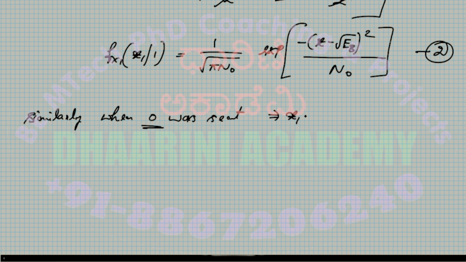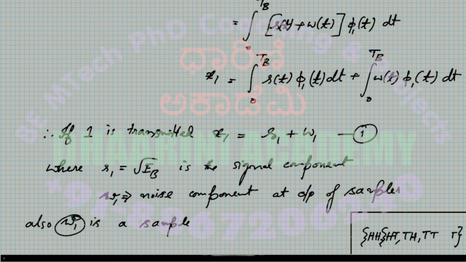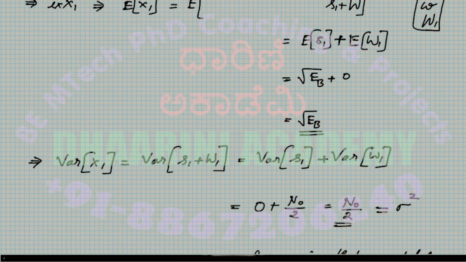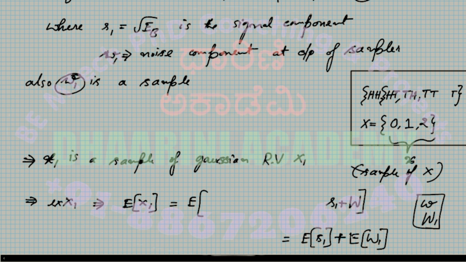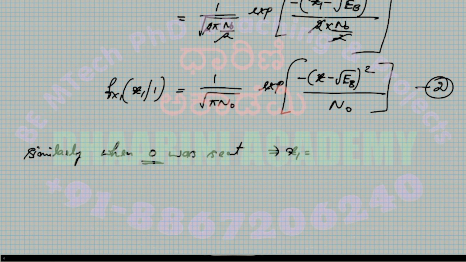Let's go back and check equation number 1. We can see that equation number 1 becomes x1 equal to s1 plus w1, in which s1 is 0 now, correct? So this simply becomes equal to w1.